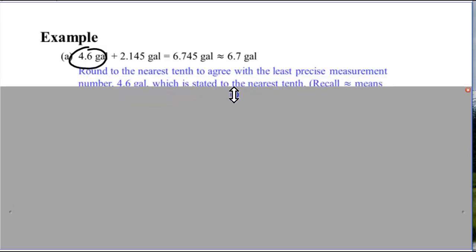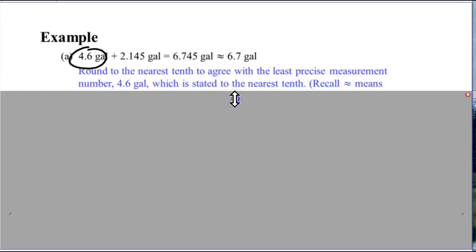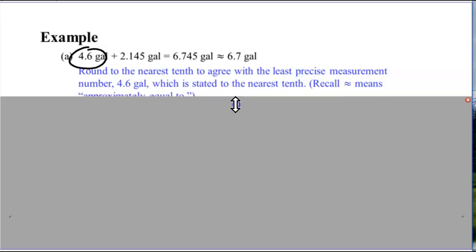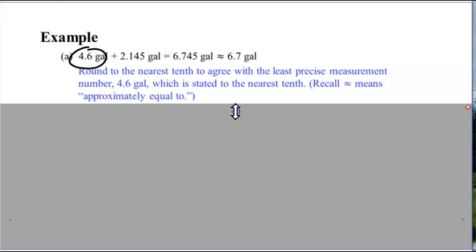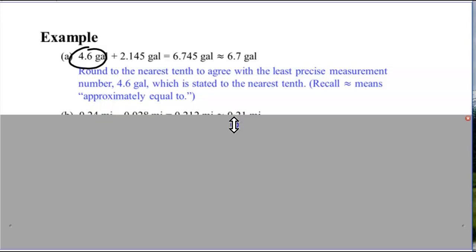So that's why we round to the nearest tenth after we have already added the whole problem up and we have our sum. The squiggly line that looks like an equal sign means approximately equal to.